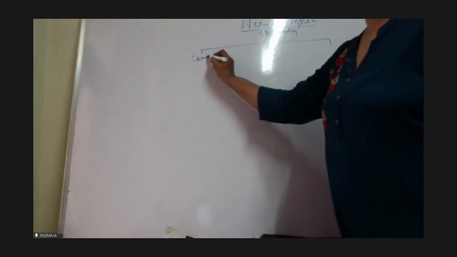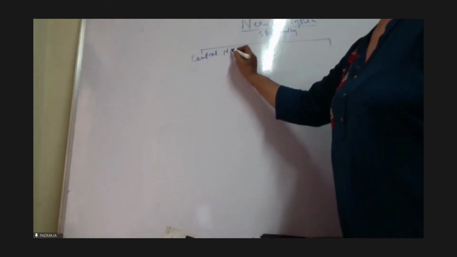Now take this neural tissue, or you can say neural system, nervous system. Structurally, if you divide it, it is divided into two parts: central nervous system and peripheral neural system.